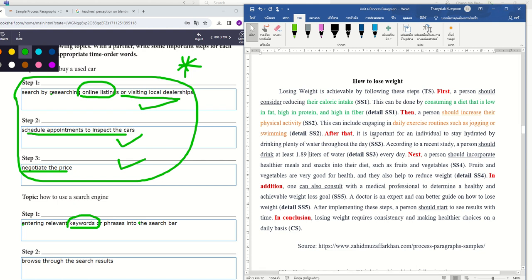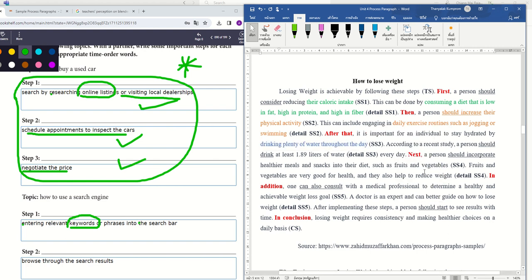Next one, after that, it is important for an individual to stay hydrated by drinking plenty of water throughout the day. How?